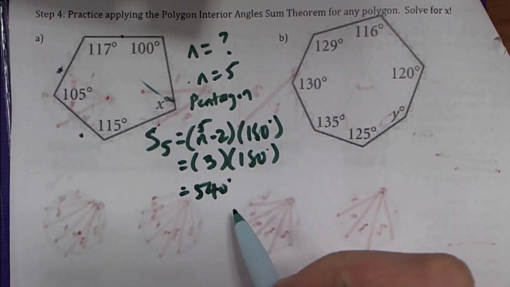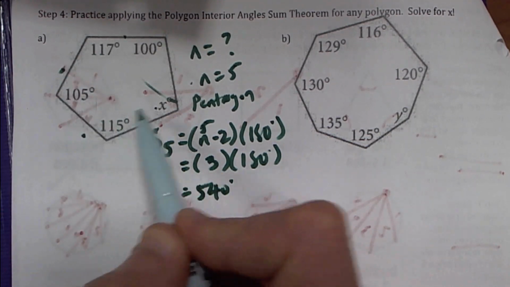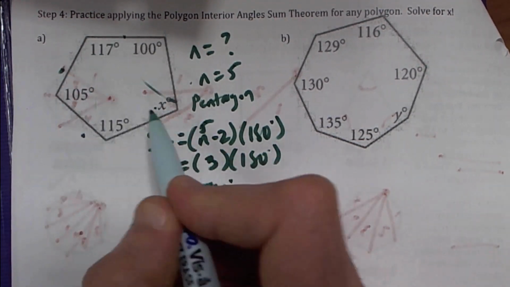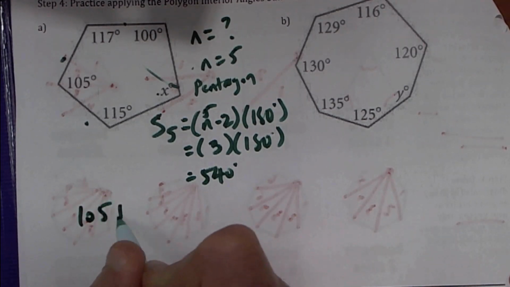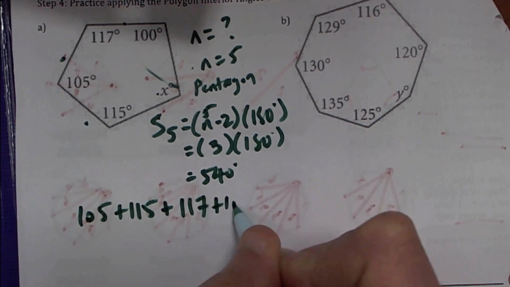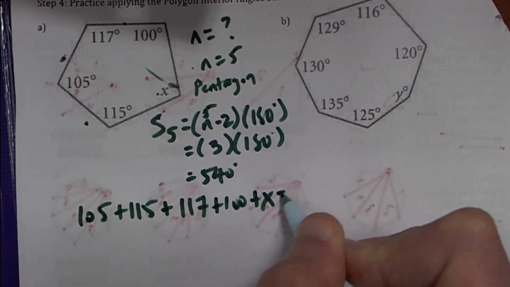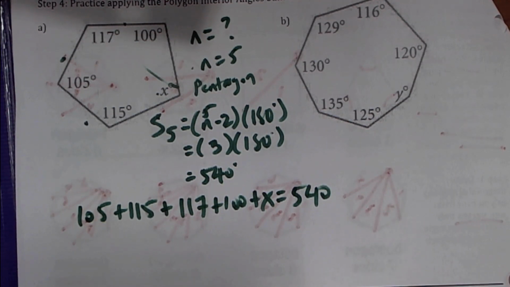540. So again, how do I use this? Well, now I can just say this plus this plus this plus this plus this. These have to sum up not to 180, not to 360, but to 540, right? So 105 plus 115 plus 117 plus 100 plus x equals 540, okay? And from there, it's just kind of like algebra.